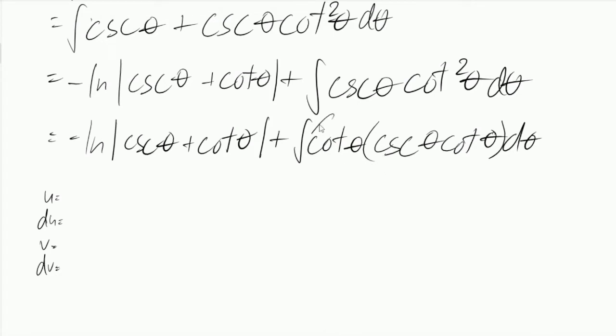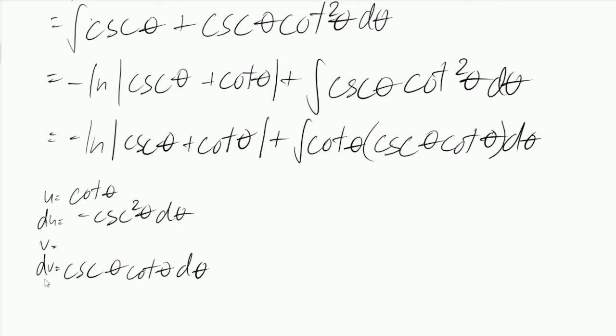We'll use cotangent theta for our u, and for our dv it will be what remains, cosecant theta cotangent theta d theta. So next I will find the derivative of cotangent theta, that is negative cosecant squared theta d theta, and then find the integral of cosecant theta cotangent theta d theta. It is negative cosecant theta.